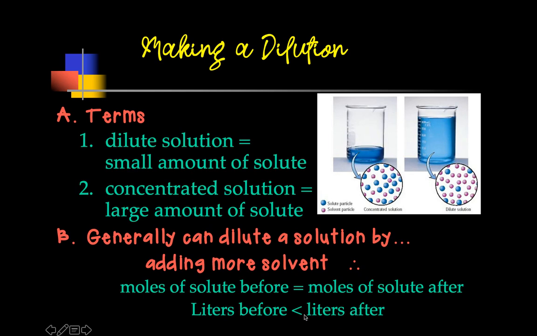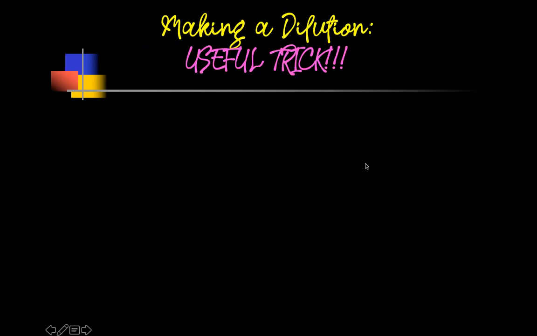So the liters afterward is greater than the liters before. All we did was add more solvent, so that decreases the concentration, decreases the total molarity, because you have the same moles and a lot more solution. That's the idea behind making a dilution.